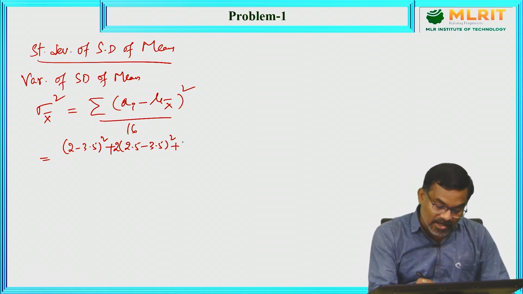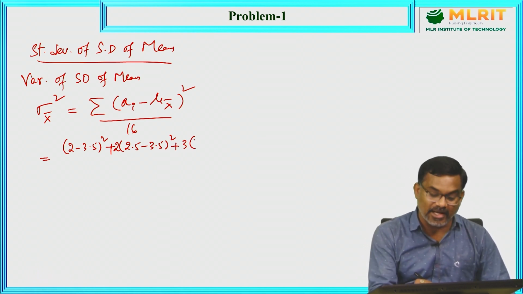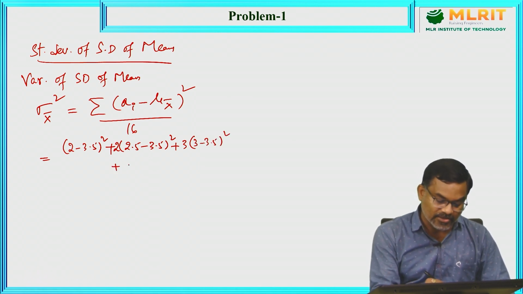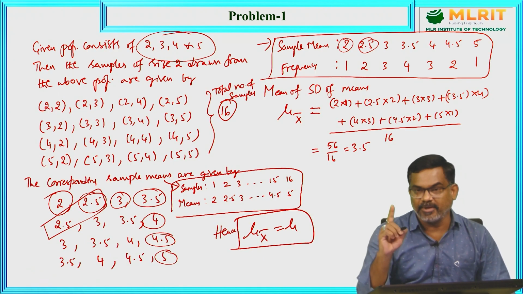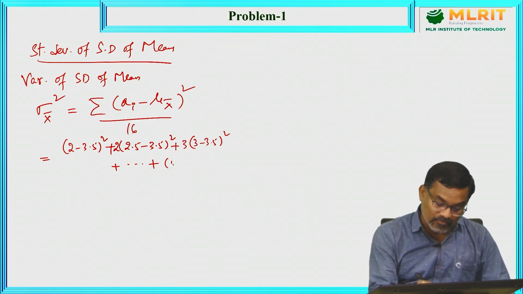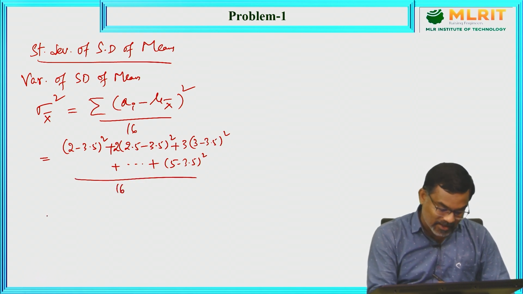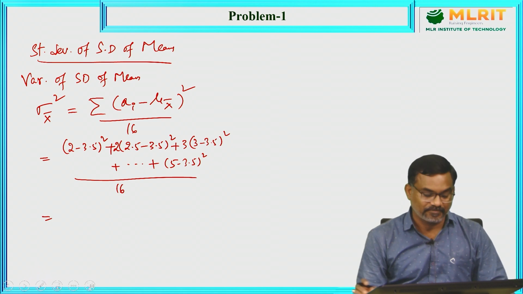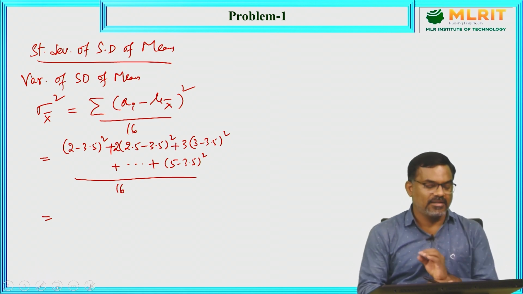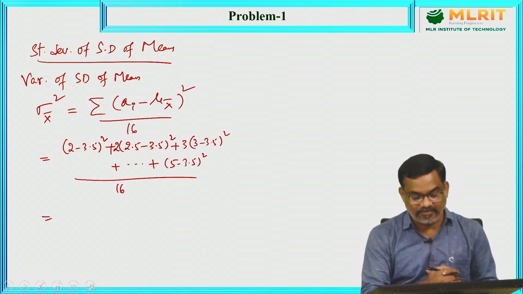Similarly, the third value 3 is repeated 3 times. So, 3 into 3 minus 3.5 whole square, plus so on. The last value 5 is repeated only one time. So, 5 minus 3.5 whole square, total divided by 16. This gives the variance of the sampling distribution of means.